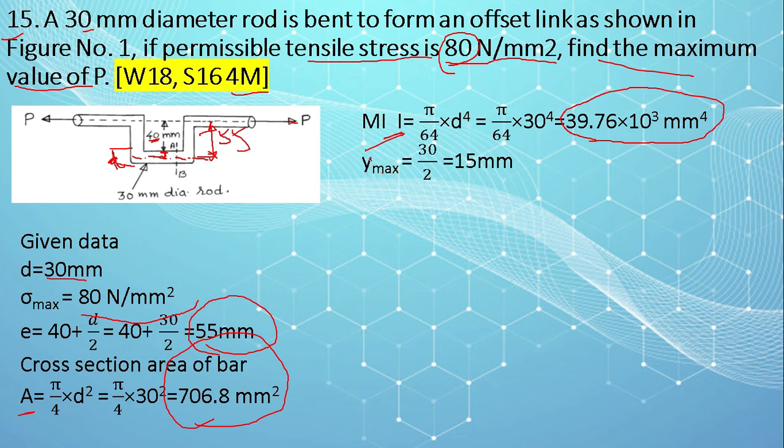And y means extreme fiber distance from axis. So this section AA can be represented.